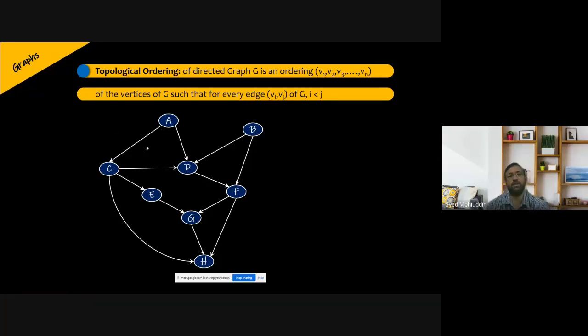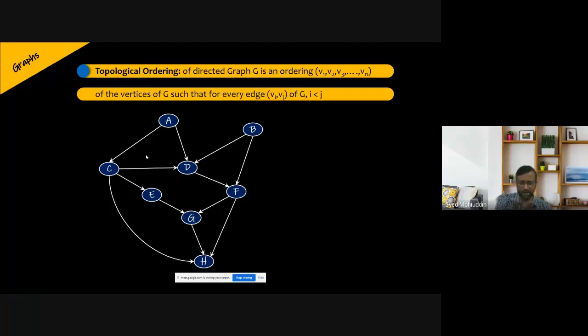Because there is an edge from A to C, then C to E. So in ordering, A is before C, so we write A comma C. Then C is before E, so we write C comma E. So it's nothing but A comma C comma E. That is how we figure out the order.